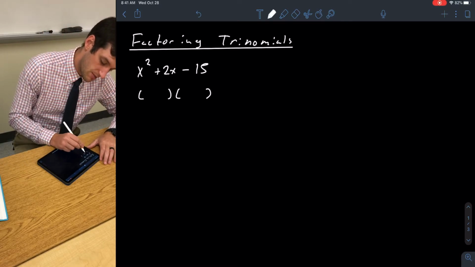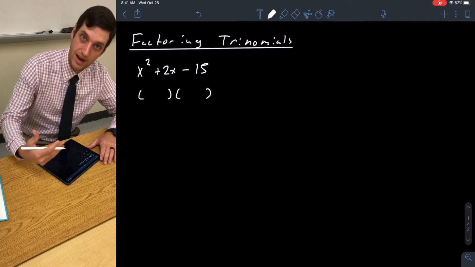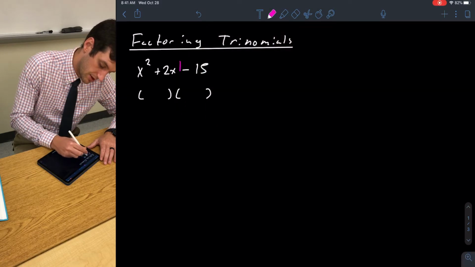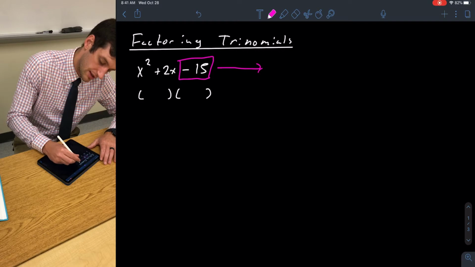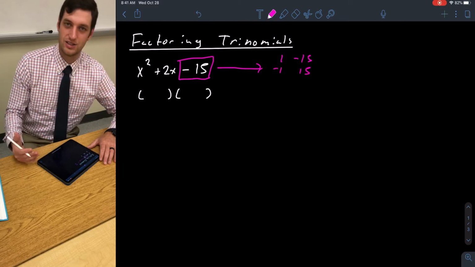So we start out by listing all of the factors of negative 15. Negative 15 here, we're going to list all of its factors. So it turns out that 1 and negative 15, negative 1 and 15. You don't actually have to write all this out.